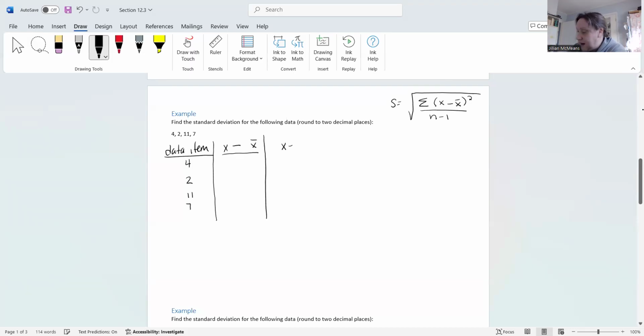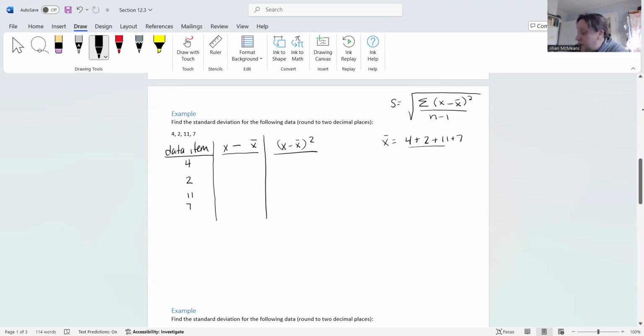And then I take the data item minus the mean, and remember, we have to square it. And those are the 3 columns in my table, okay? Now, the first thing we're going to do is we're going to the side calculate the mean. You have to have the mean in order to do these calculations. So X bar, remember from the previous section, you take all of your data items and you add them.